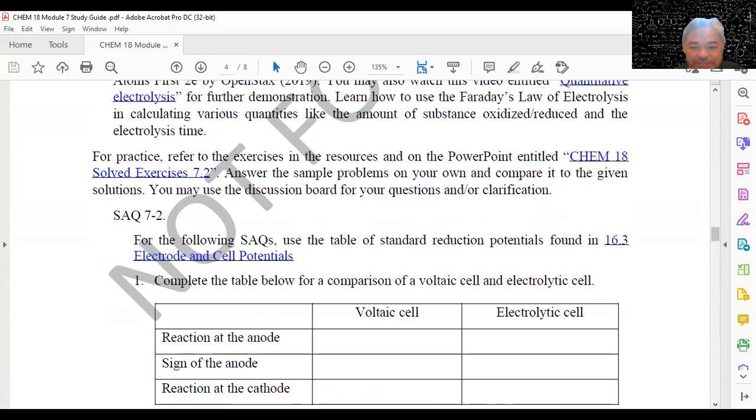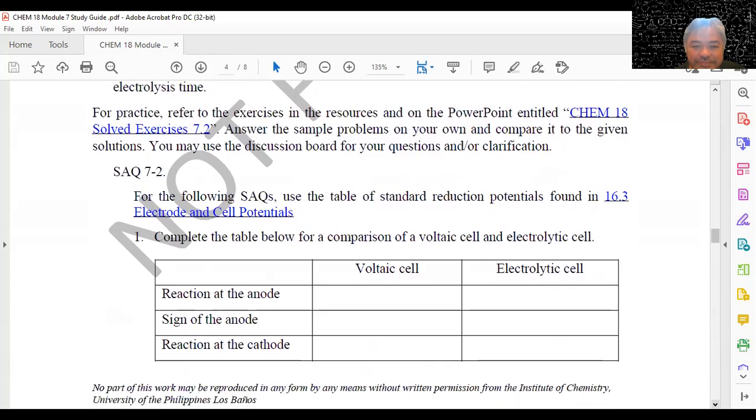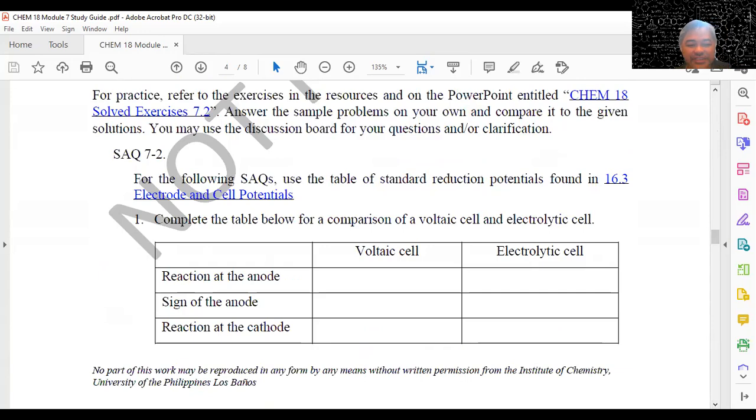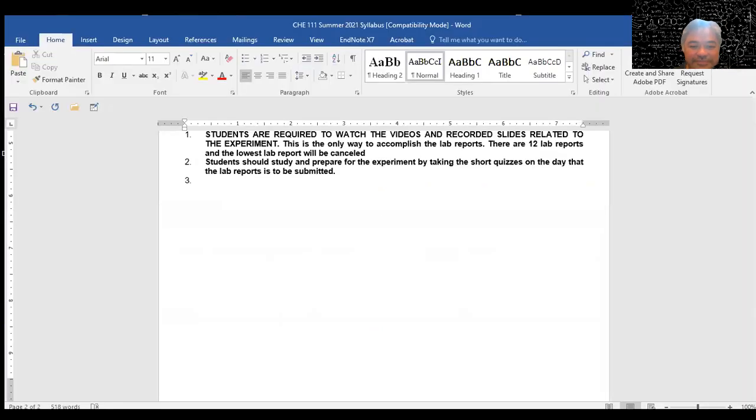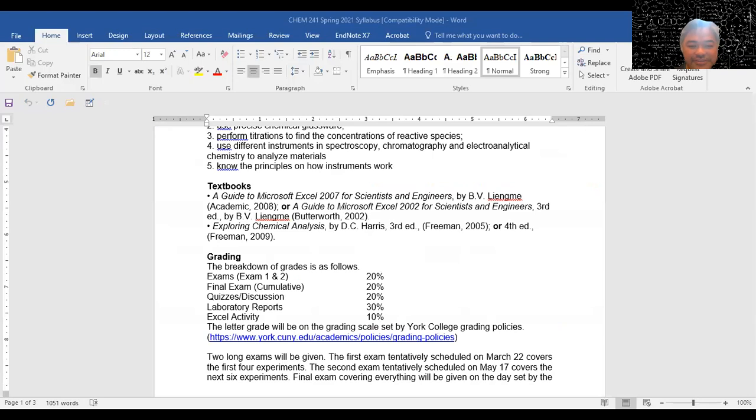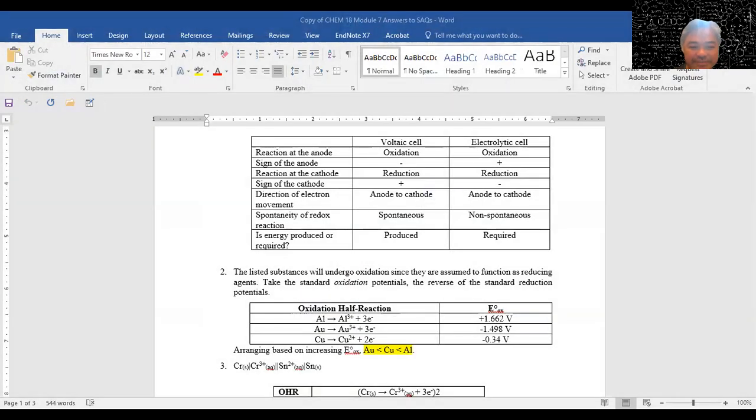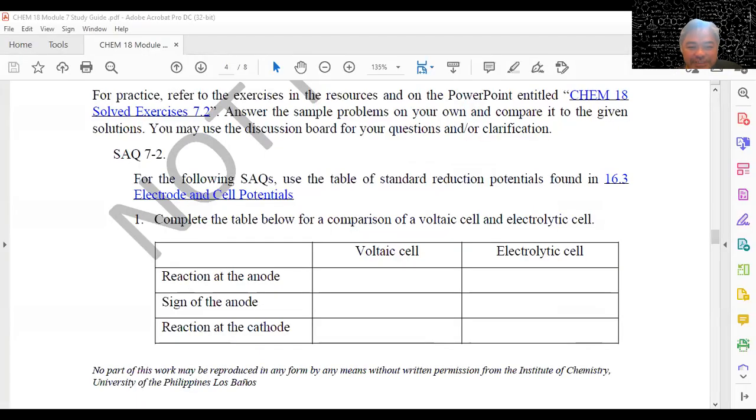Okay, here. So what is our answer there? Reaction at the anode, voltaic cell and electrolytic cell. Which redox happens in the anode? They're both what? Both oxidation.